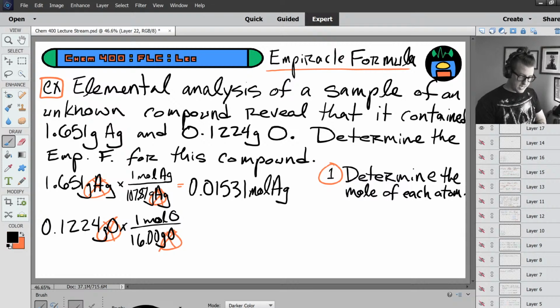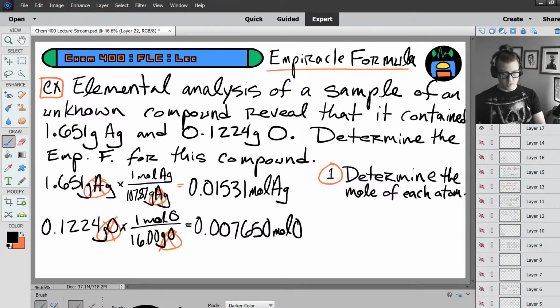Grams of oxygen cancel. Take 0.1224 divided by 16, which is 0.007650 moles of oxygen. All right, that's step number 1.